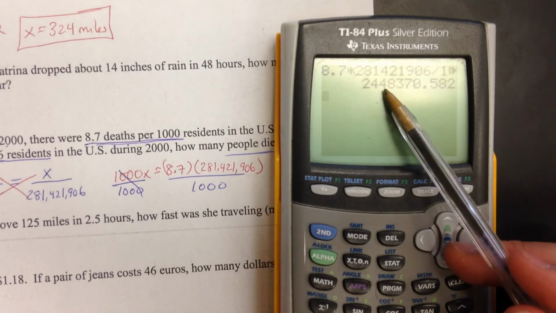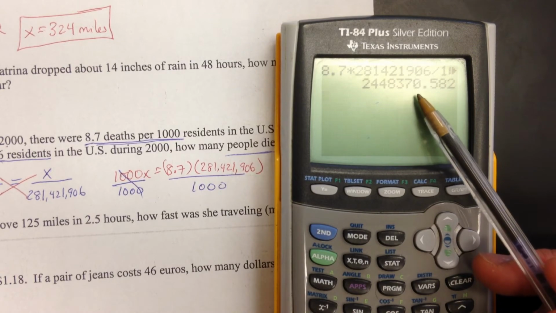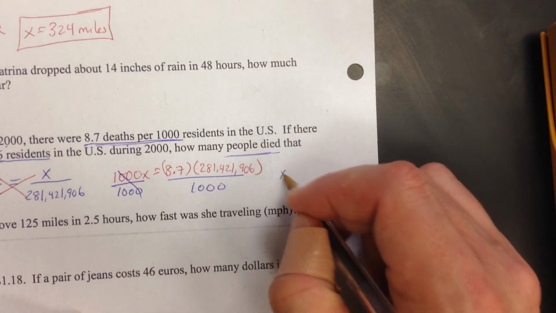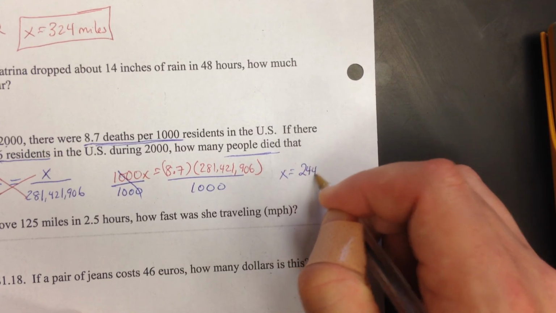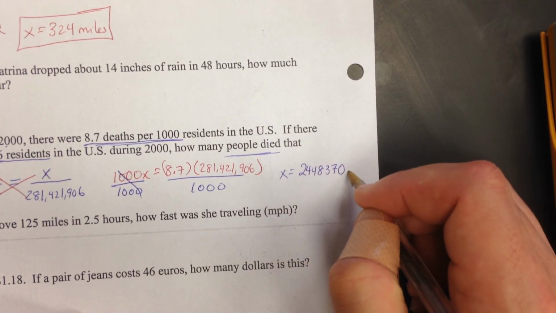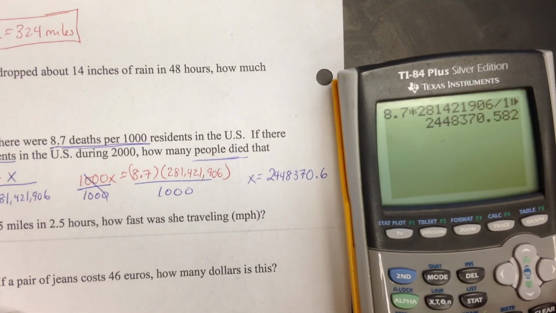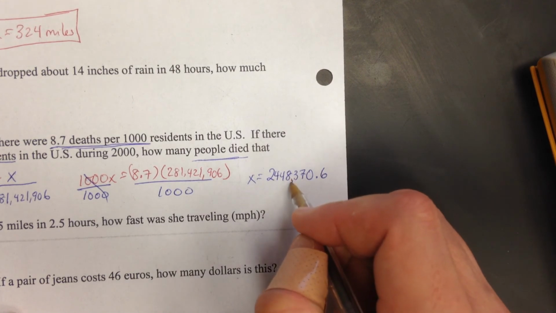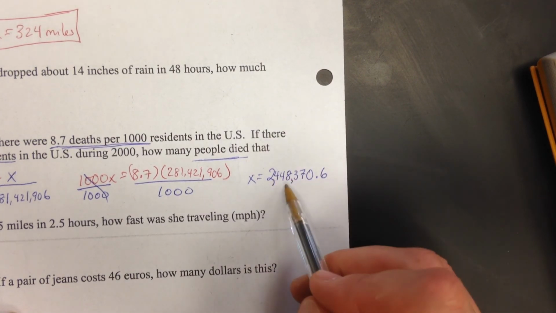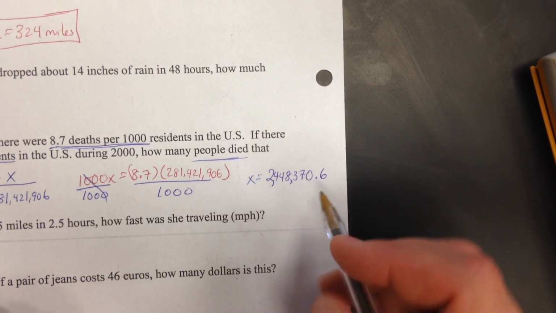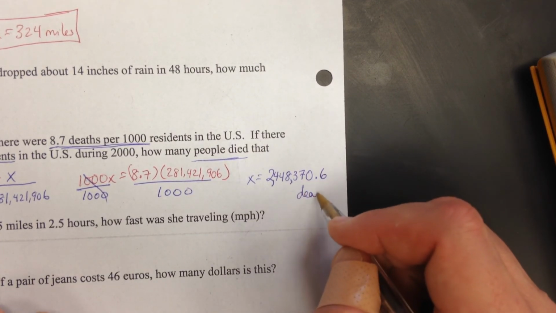And what we get is 2,448,370.58. So we get x equals 2,448,370.6. Okay, it says 0.58. I'll round it to 0.6. Now what this number represents, this is 2,448,370. These are the number of people that died in the year 2000 in the US.